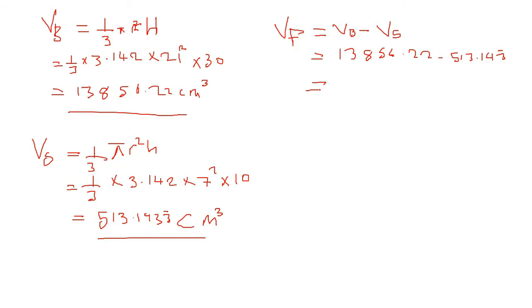Then we are going to find the answer as 13,343.03 centimeter cubed to 2 decimal places, and we have determined the volume of the frustum using the formula of similarity and congruence. Alright, so that is 6 marks.